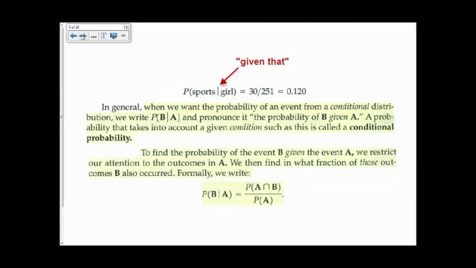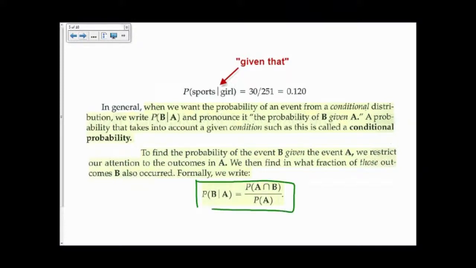For example, in the book they talk about the probability that someone plays sports given that they are a girl. Whenever you see this vertical line, think about "given that," and the second thing is the condition. The formula is down here.